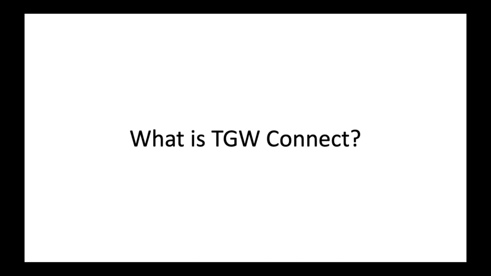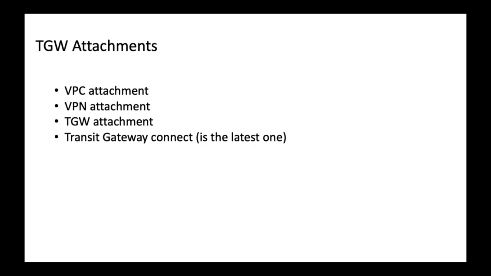Before we talk about the TGW Connect attachment, I just want to quickly summarize the different attachments available on TGW and what the use cases are for those. First of all, there's a VPC attachment. As the name says it all, these are the type of attachments where users can attach their VPCs to the transit gateway and use it to transit traffic into the VPC.